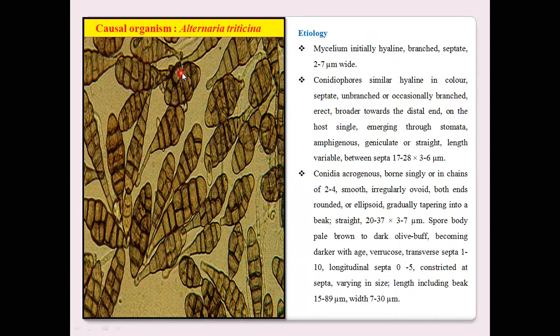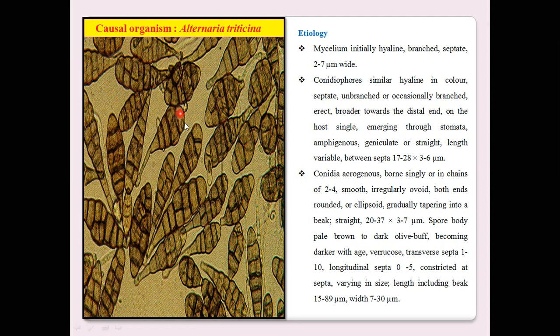Okay, so this Alternaria triticina develops spores and spore-bearing hyphae, means these conidia. This is the asexual spore, the conidia, generally formed at the tip of the conidiophore. So you see this individual conidia. This conidia is generally formed acrogenous in nature and borne singly or maybe in chains at the tip of the conidiophores.